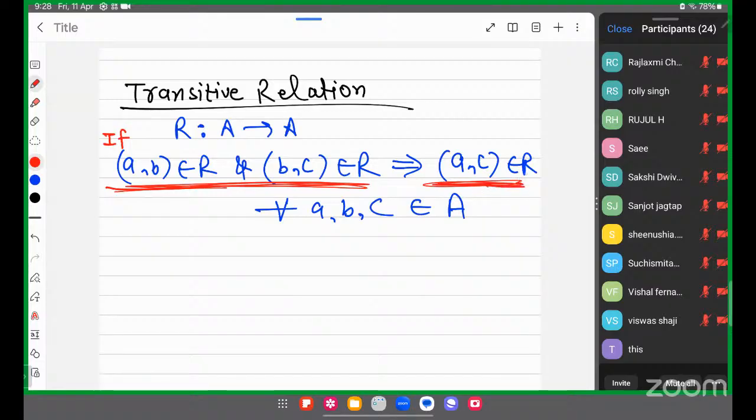And if this condition is not valid, then we will say the relation is not transitive.